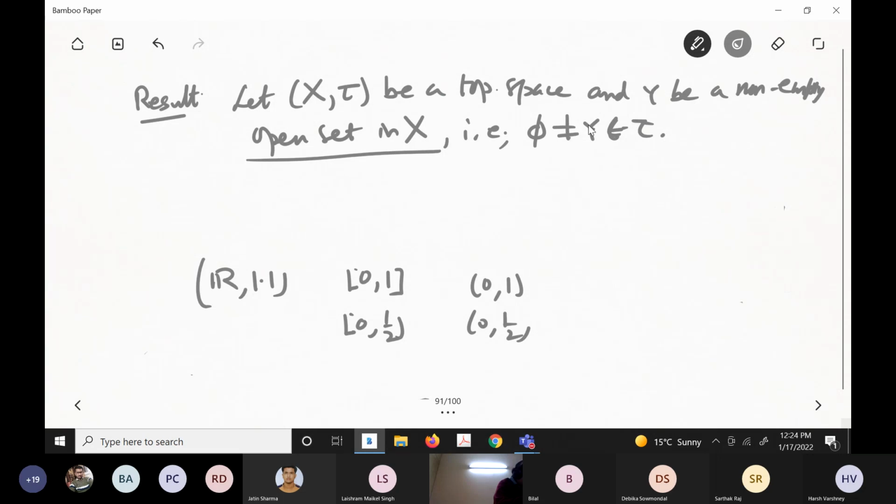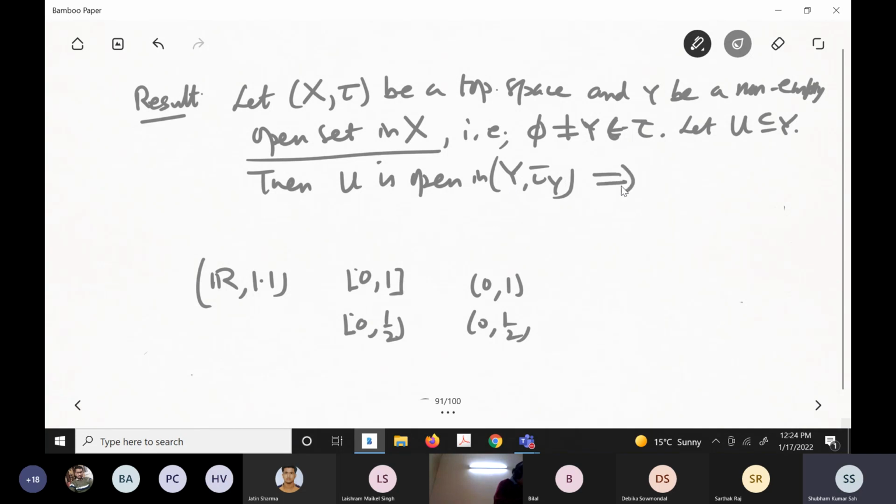Then let U be a subset of Y. Then U is open in (Y, tau_Y) if and only if U is open in (X, tau).